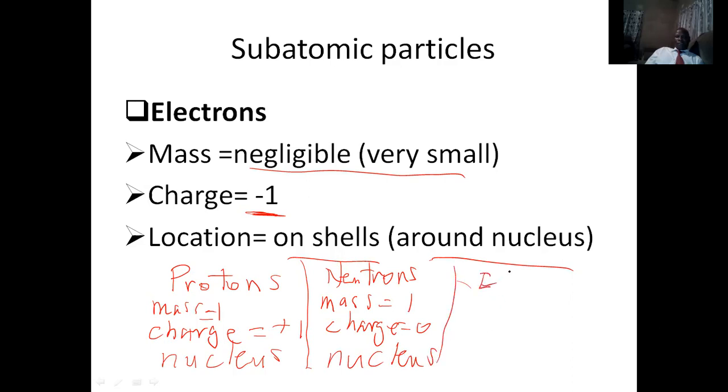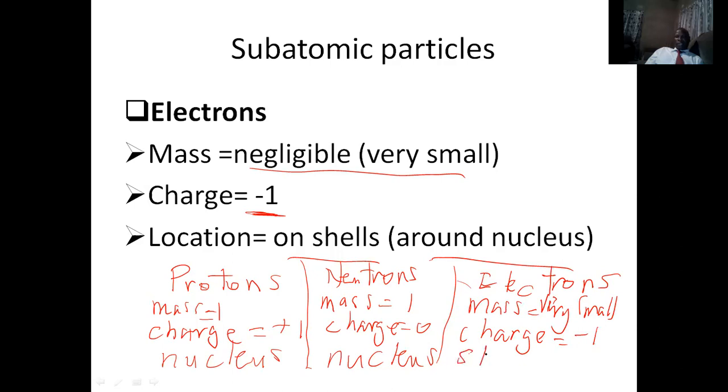Then we have electrons. The electrons have a very small mass, and the charge of an electron is -1. They are found around the nucleus or in shells. This is very basic information that learners should have.